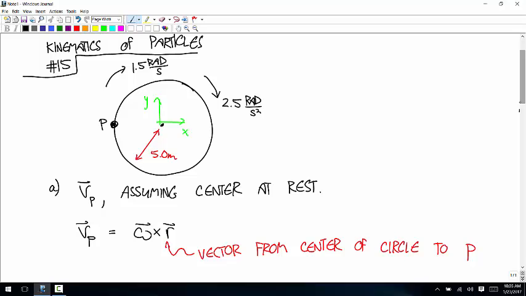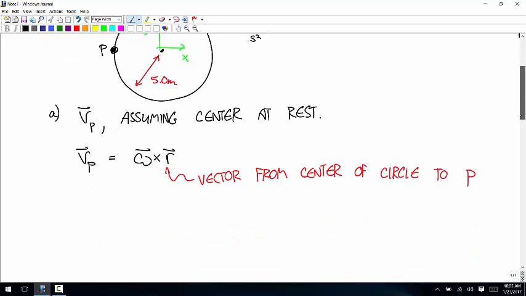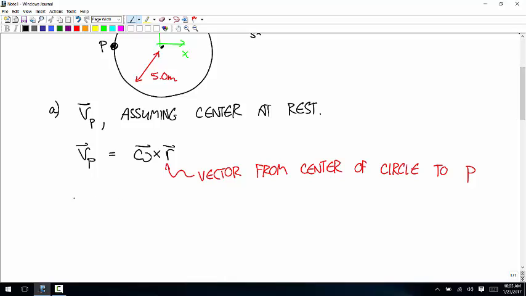That's negative z, because if you go right-hand rule from x to y, it has to be positive z. And so that vector omega is 0, 0, negative 1.5.